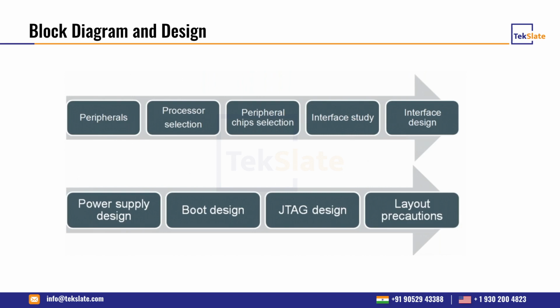Then comes peripheral chip selection. Once the peripherals are identified, every peripheral gets interfaced to the processor through a peripheral chip. So the right physical layer chip, level chip, or one of the peripheral interfacing ICs is selected. Then one identifies the interface that the peripheral chip should have and studies it.